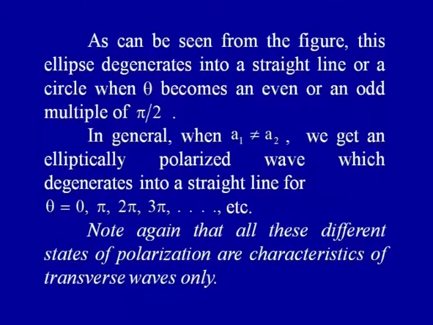But in general, when A1 is not equal to A2, we get an elliptically polarized light wave, which again degenerates into a straight line for theta equal to 0, pi, 2 pi, 3 pi, etc. Remember, theta equal to 0, 2 pi, 4 pi means they are in the same phase, and theta equal to pi, 3 pi, 5 pi means they are completely out of phase.